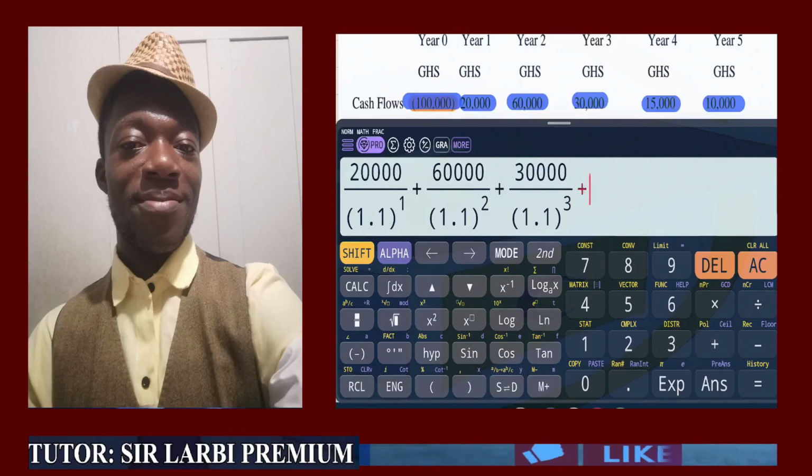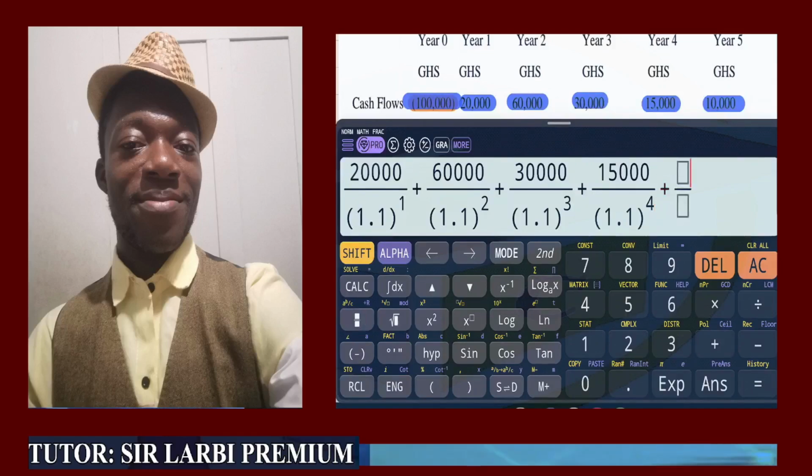Then year four, we have 15,000 divided by 1.1 to the power 4. Then year five, being the last year, we have 10,000 divided by 1.1 to the power 5.